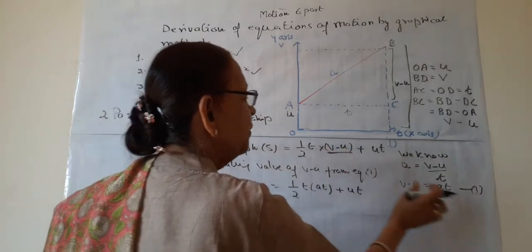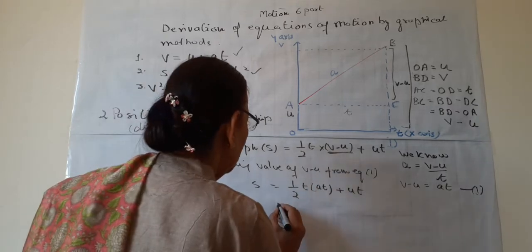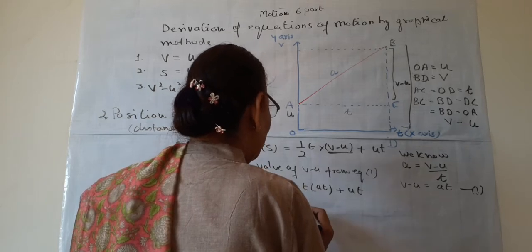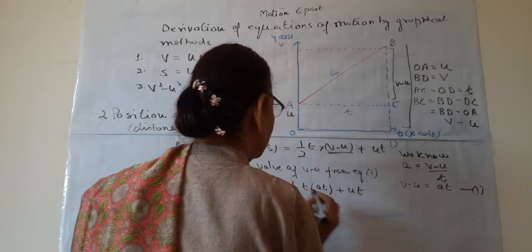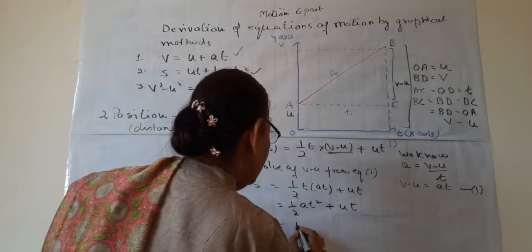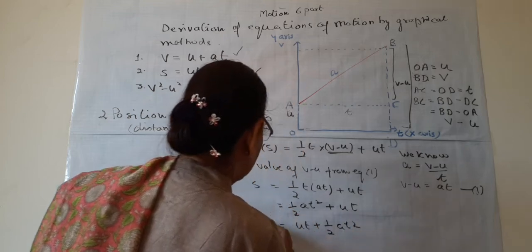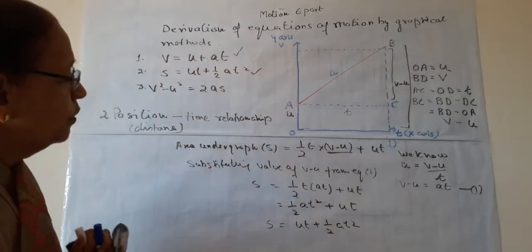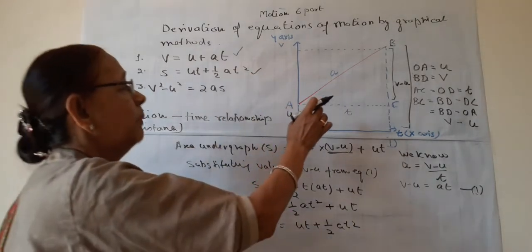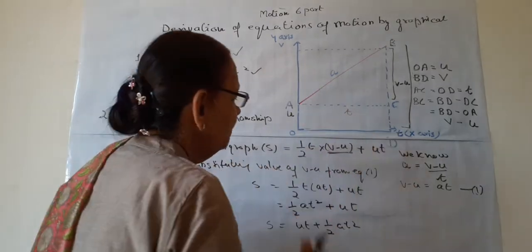Instead of V minus U, we put AT. So half T into AT plus UT, or half, this T and T will be multiplied, half AT square plus UT, or we can rearrange this as UT plus half AT square. This is equal to S. So in this way, the second equation is also derived by the graphical method using this velocity time graph.